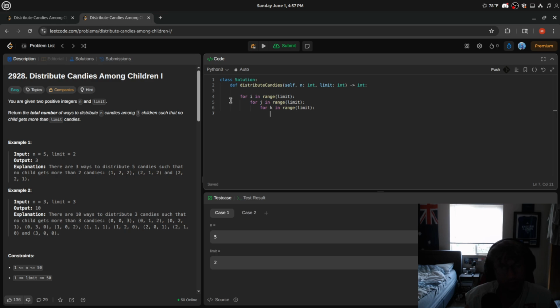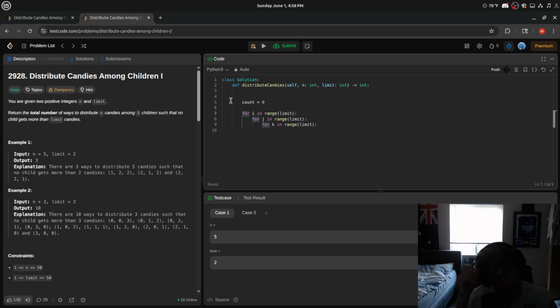Okay, we're gonna have some sort of count, right? We have some sort of count. Where do we create the tuple? In here?